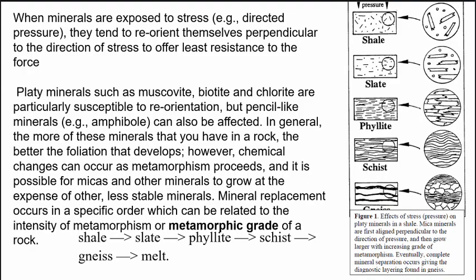So this rock will start changing gradually. Shale will change to slate. Slate will undergo further metamorphism to change to phyllite. Phyllite will undergo further metamorphism to schist. Schist will undergo further metamorphism to change to gneiss. That is the process that occurs.